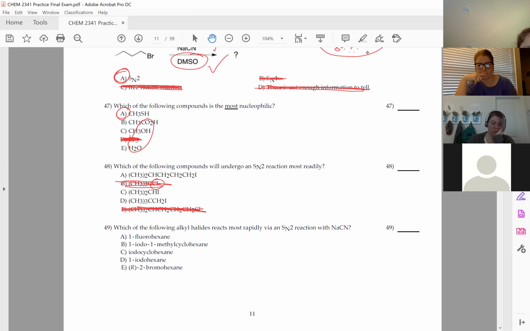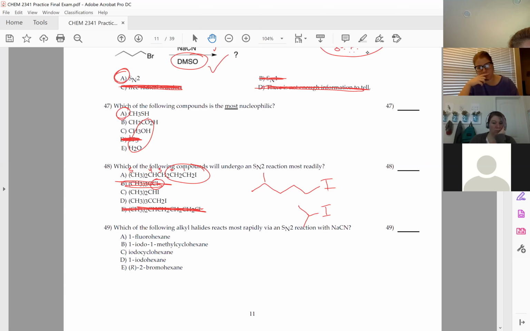Okay, and then you have to think about the structures of these compounds. So A is clearly primary, right? You don't even really have to draw that out. But if you wanted to, it has 1, 2, 3, 4, 5, and a methyl. So that'd be A. And then C would be this one.